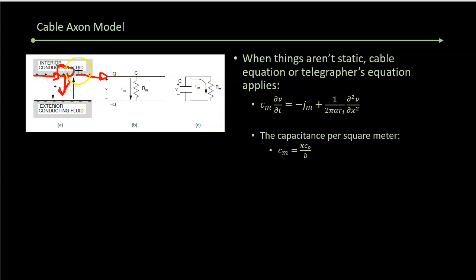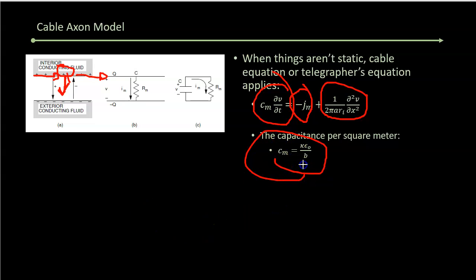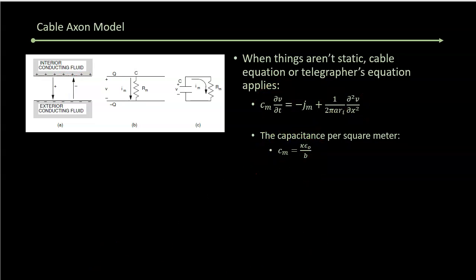That's what all these three terms are: charge building up, current leaking through the membrane, the difference in currents from one side to the other. This little cm is capacitance per square meter, b is the membrane thickness, a is the membrane radius, r sub i is resistance per meter in the membrane. Again, everything's happening around this membrane right here.